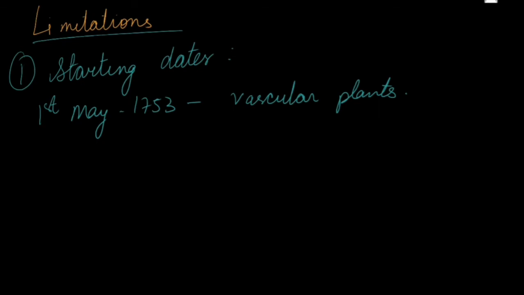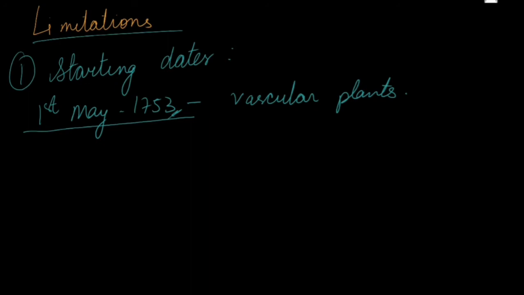So why this date is kept as the starting date is because this is the date when Carl Linnaeus's Species Plantarum was published. So if any vascular plant which is described and published before this date, that will not be considered for priority. Okay, so but after 1st of May 1753, whatever organism's name has been described and published, that will be considered for priority.